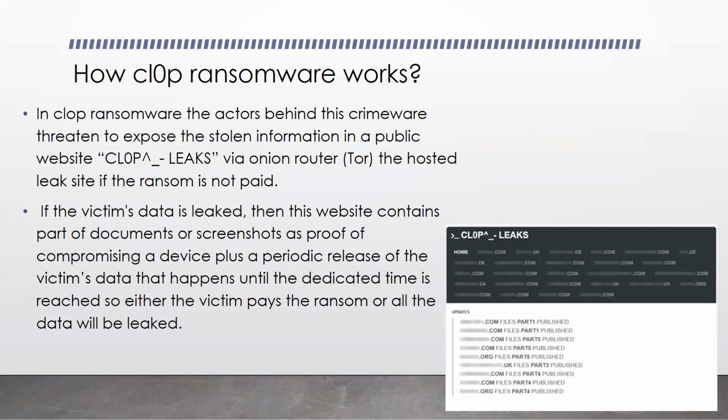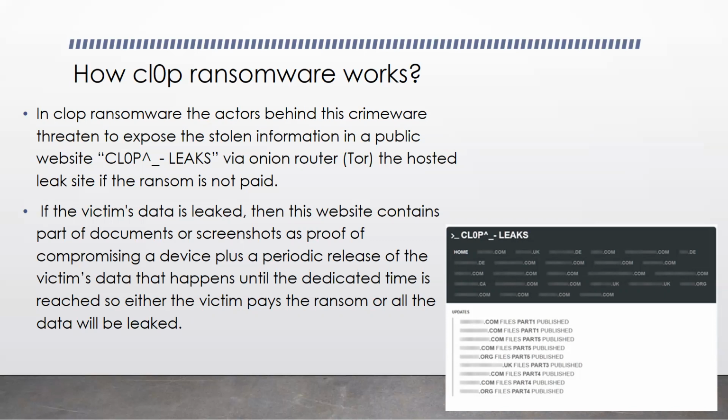So, how does cl0p ransomware work? The cl0p ransomware actors behind this crimeware threaten to expose the stolen information on a public website called cl0p leaks via the onion router, the TOR, the hosted leak site, if the ransom is not paid.